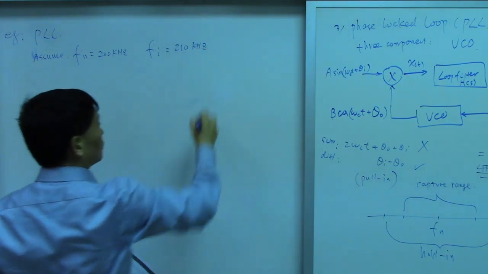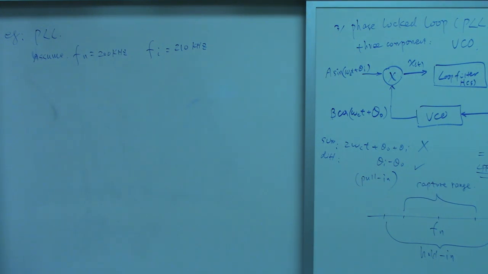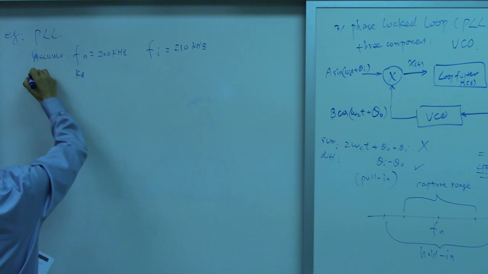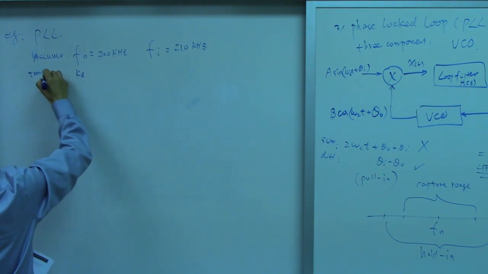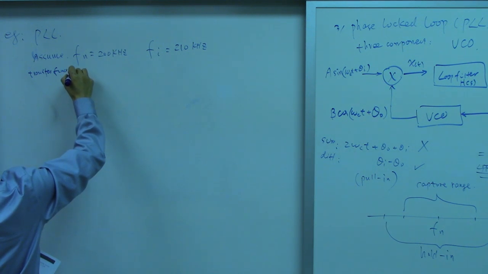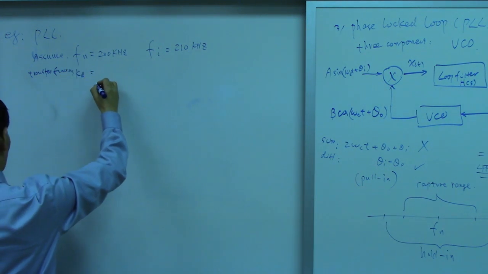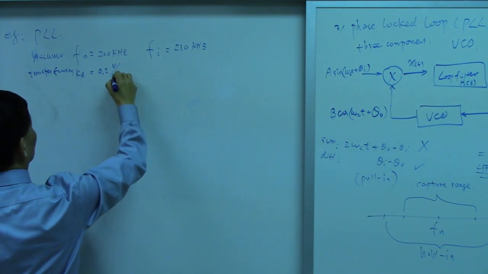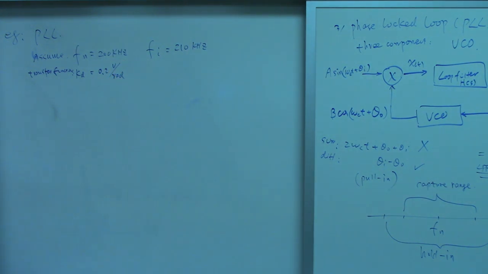So you see there's a difference. And the transfer function KD equals 0.2 volt per radian. This is the transfer function for the phase detector.